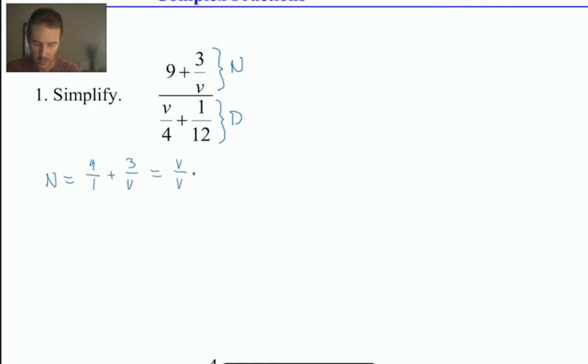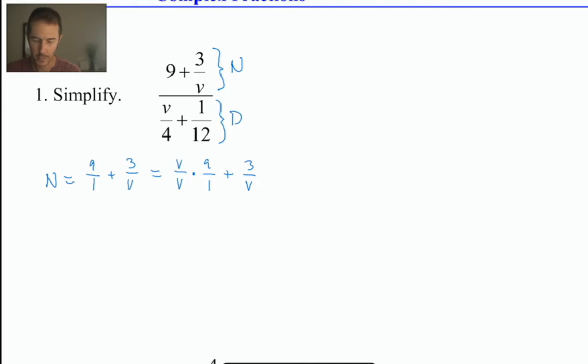As I believe I mentioned in my previous video, common denominators are achieved using my favorite trick: multiplication by 1. It's such a great tool, and here you're seeing it. v divided by v is equal to 1. When you multiply by 1, you change what the thing looks like without changing its value.